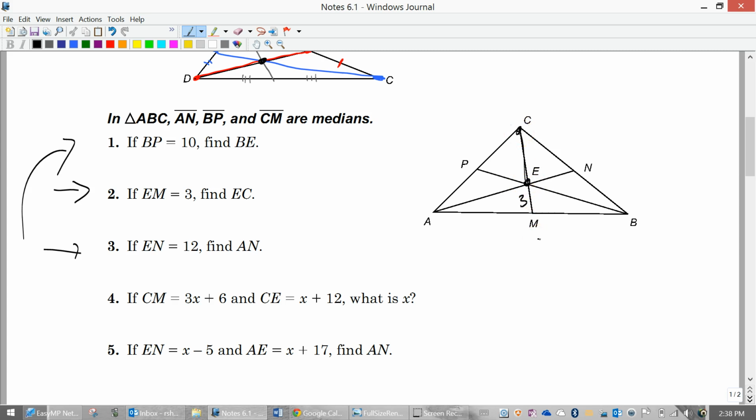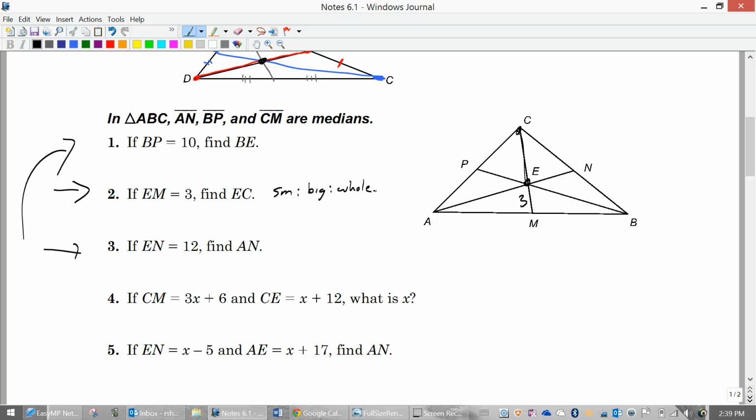EM would be, would that be the small? Would that be the big? Or would that be the whole? That would be the small. The small part is actually from the centroid to the side. Okay? The big part is the centroid to the vertex, which are words you don't really get. And the whole part is from the midpoint of the side to the vertex.